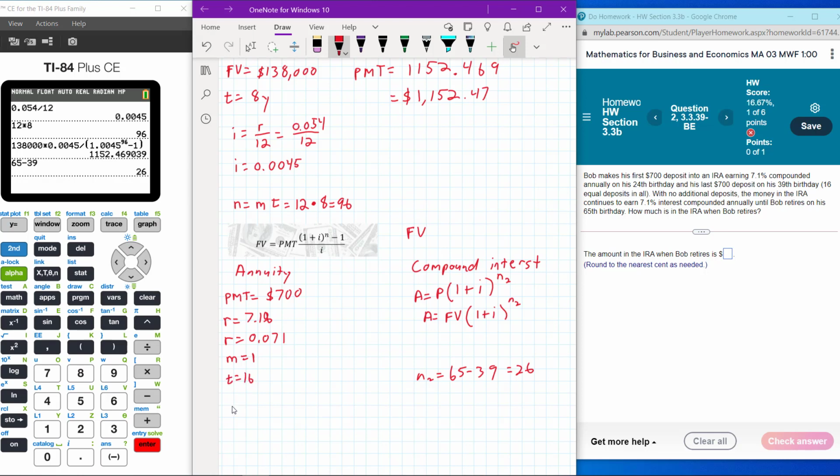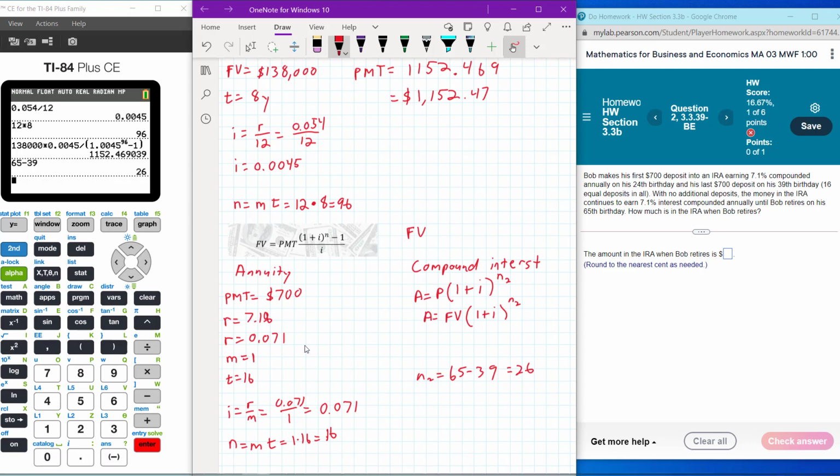So all we need to do now is figure out what I is and what N is, and we're good to go. Well, I is equal to R divided by M. That's equal to 0.071 divided by 1, which is just simply 0.071. N is M times T. That's 1 times 16, which is equal to, you guessed it, 16.